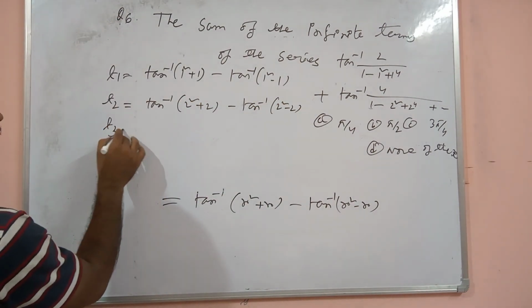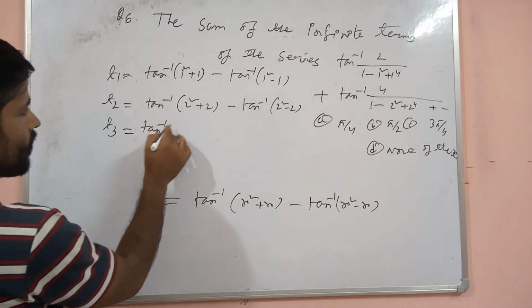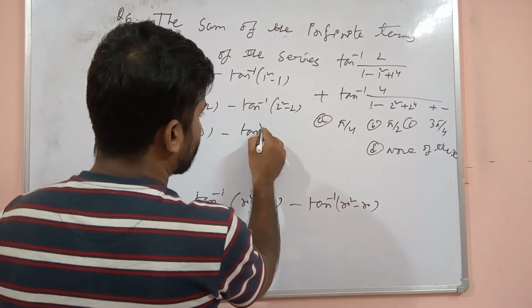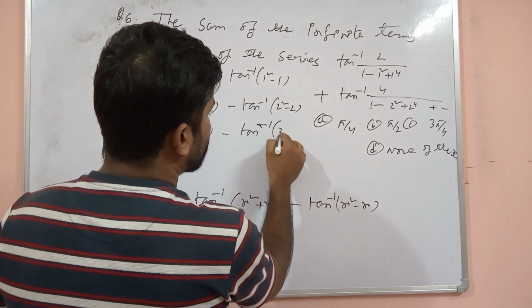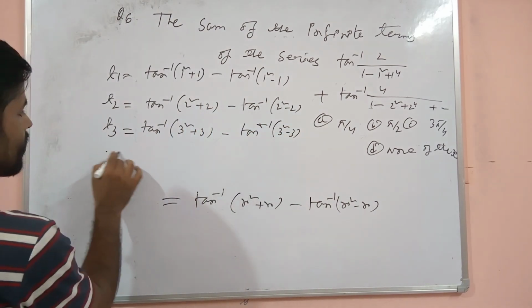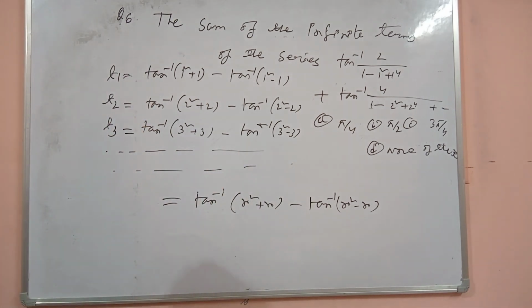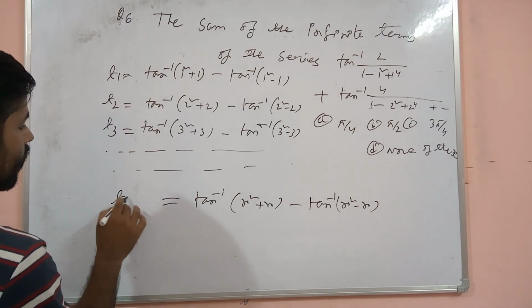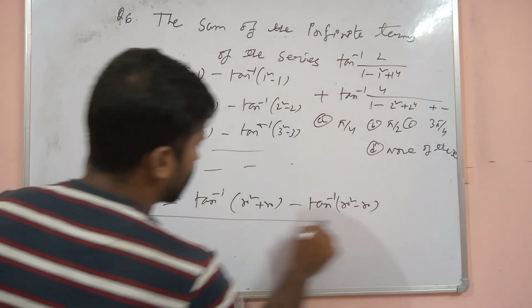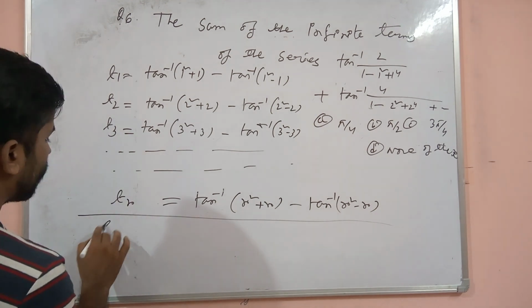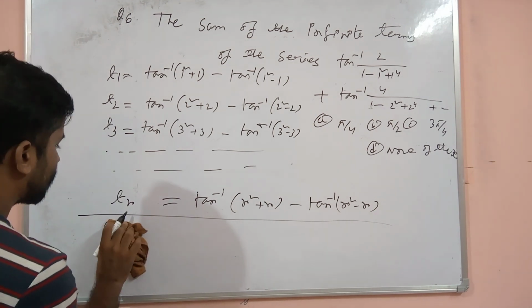The third term is tan inverse 3 square plus 3 minus tan inverse 3 square minus 3. Suppose there are many terms and these are expressed as dotted sign, and it is the suffix r. If we sum up all of them, then it would be the suffix r.